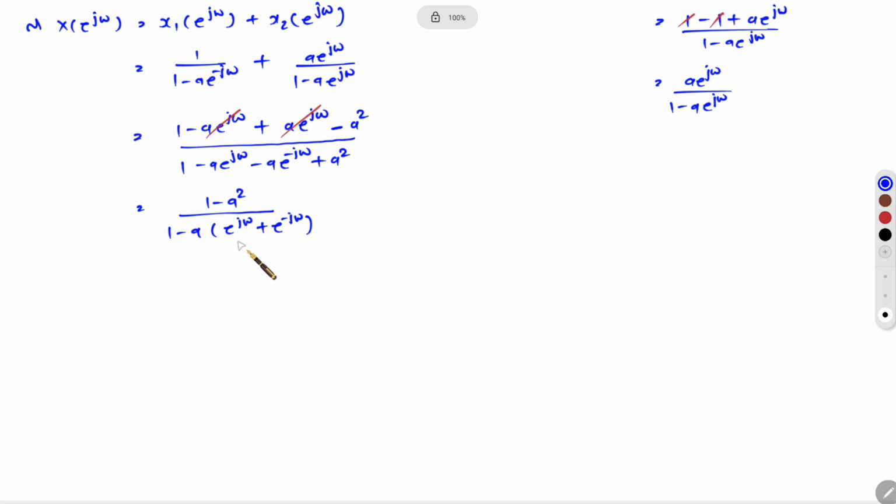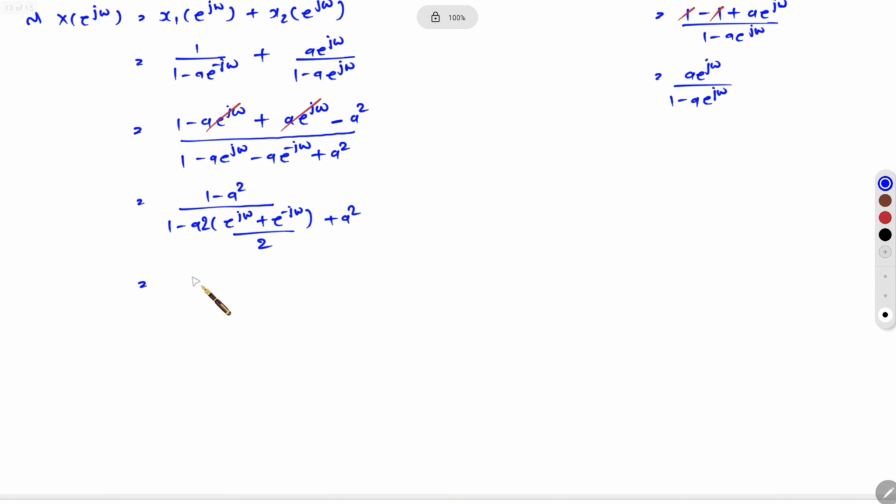So here we can divide 2 and here we can multiply 2, right? So this will be cos of omega, that one can say. So our final solution will be 1 minus a square divided by 1 minus 2a cos omega plus a square, right? So that is how one can solve question based on DTFT.